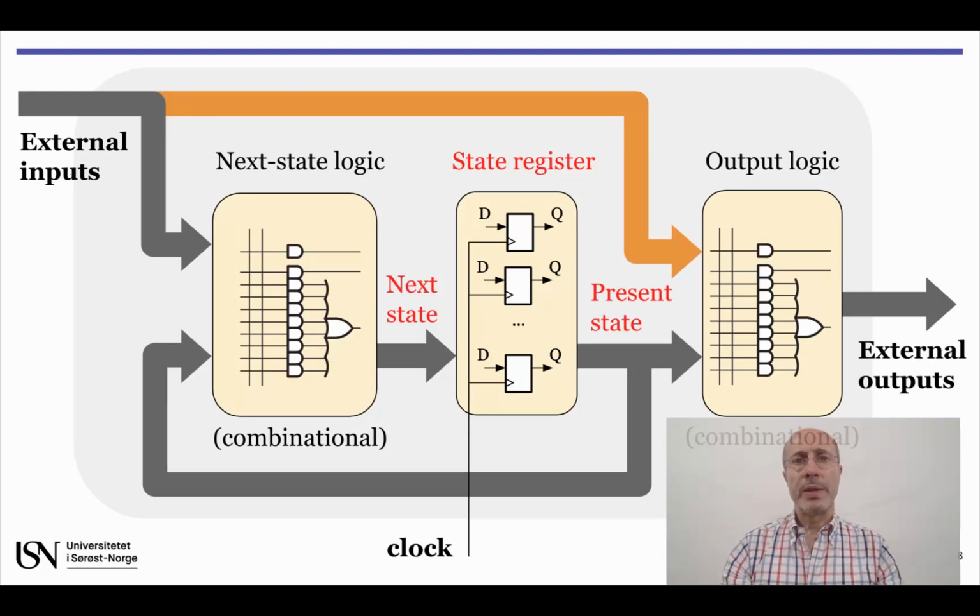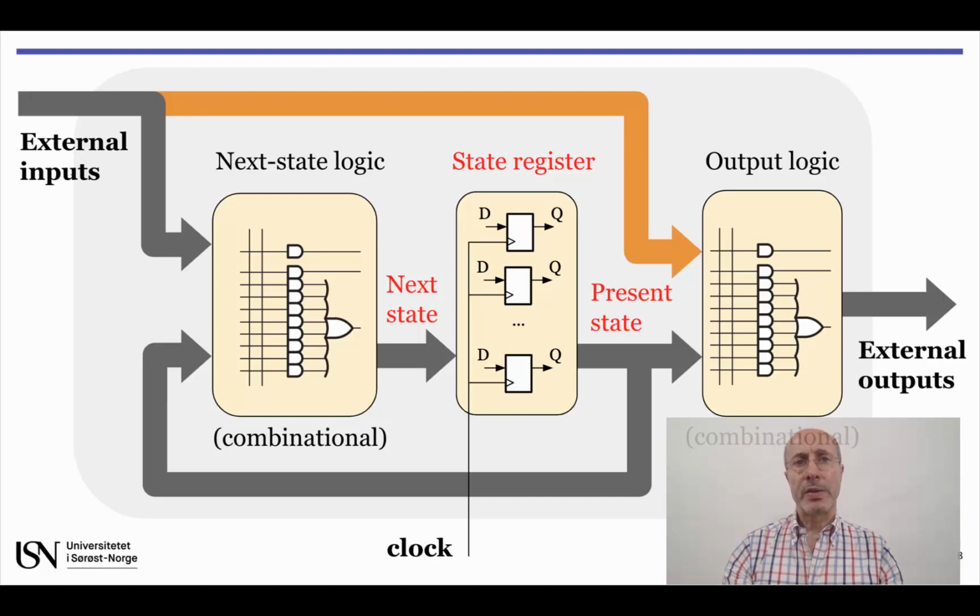Synchronous sequential systems are normally represented as shown in this slide, comprising a state register in the middle holding this state information and two combinational logic blocks, the one on the left implementing the next state function and the one on the right implementing the output function.